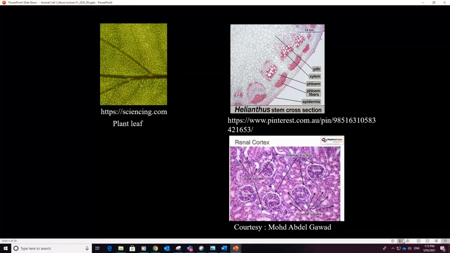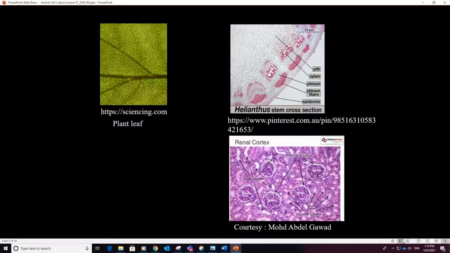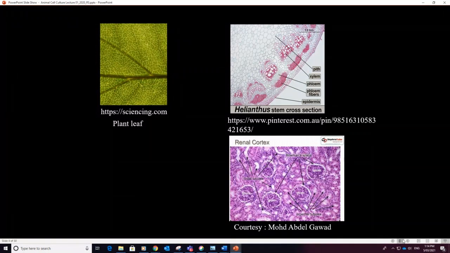And then the tonicity also comes into the picture. What is tonicity? The relative concentrations of salts across the membrane, within the cell and outside the cell. That's very important in the case of animal cells. While in plant cells, what is turgor pressure?